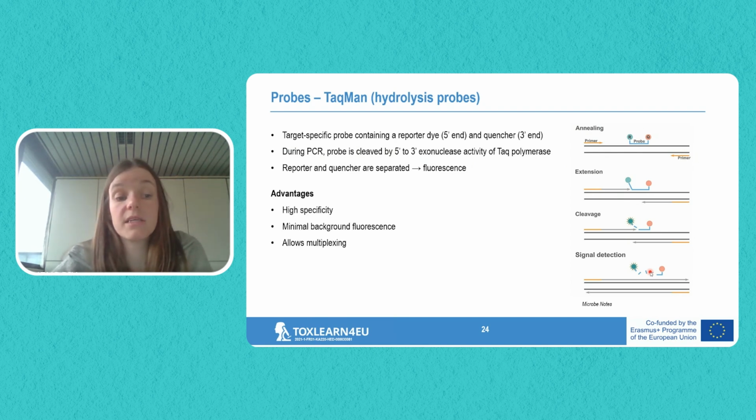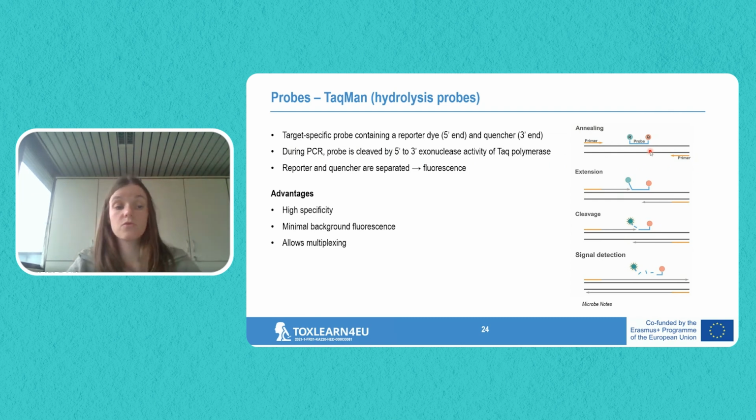This method has several advantages. First of all, it's highly specific because also, like the primers, also this probe is specifically designed for the target sequence of interest. Another advantage is that it emits minimal background fluorescence. So when a probe is just freely in a solution or when it's not cleaved, it will emit very limited fluorescence.